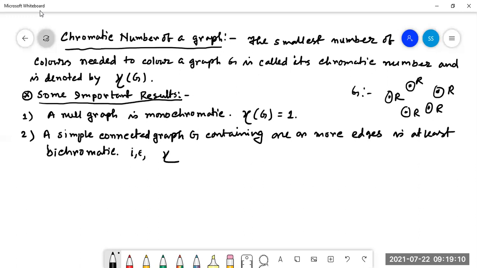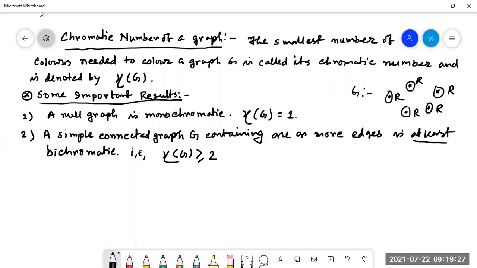That is the value of chi G. What can we write down? Not 2, but greater than or equal to 2, at least 2. So 2 or more than 2.